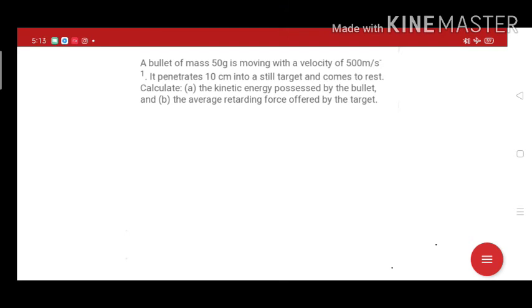So we are going to write down the given values first. M is given, that is 50 gram, so we need to convert it into SI unit. So that is 50 by 1000, and finally 10 got cancelled, it is 5 by 100.